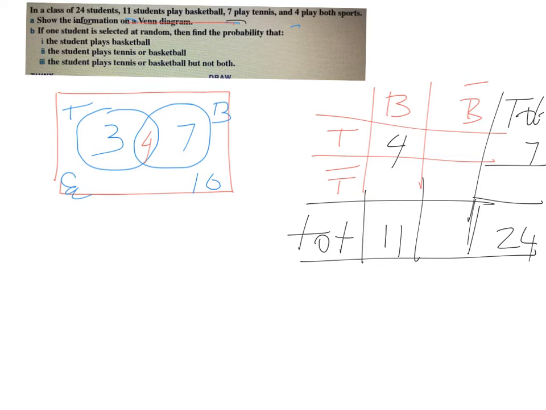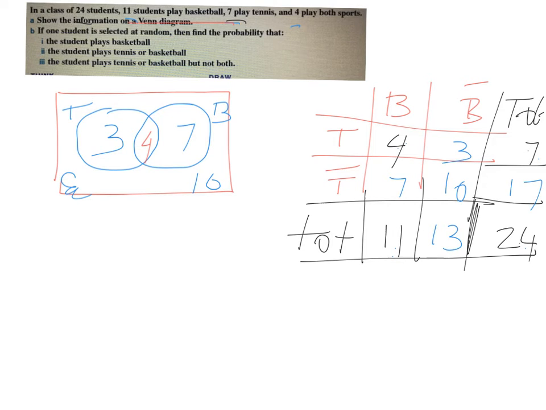So that means that what we can do now is some subtraction. So 7 minus 4, we end up with 3. 11 minus 4, we end up with 7. Now from there, 24 minus 11, we get 13. 24 minus 7, we get 17. And then we've got 10 here.